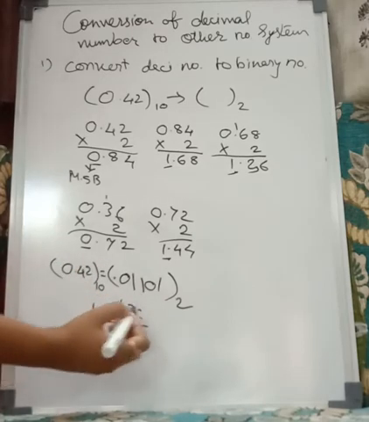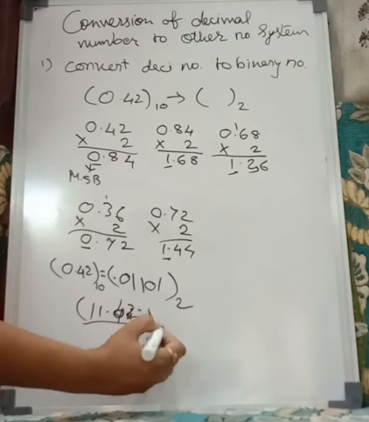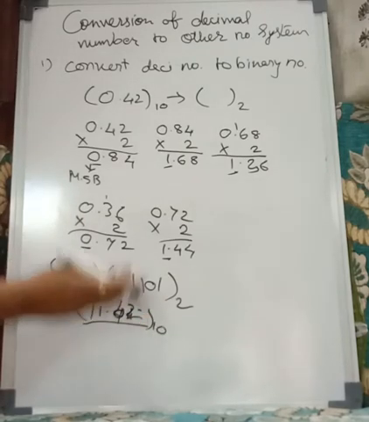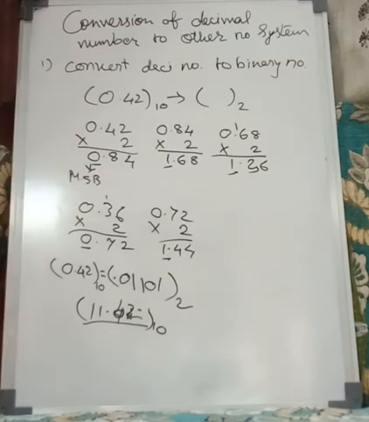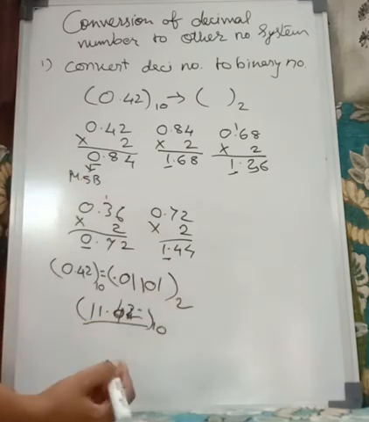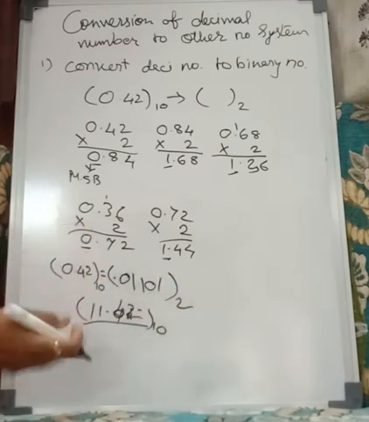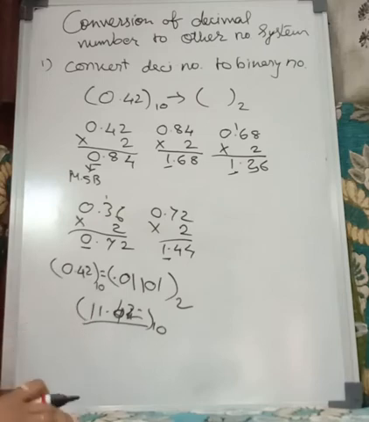If suppose I have the number 11.42 decimal, then for 11.42 I need to solve for the integer part as well as the fractional part, and then write down both parts. So we can have any number in such a way. We may have only integers, only fractions, or integer and fraction together. Okay, so this is the way we can solve.